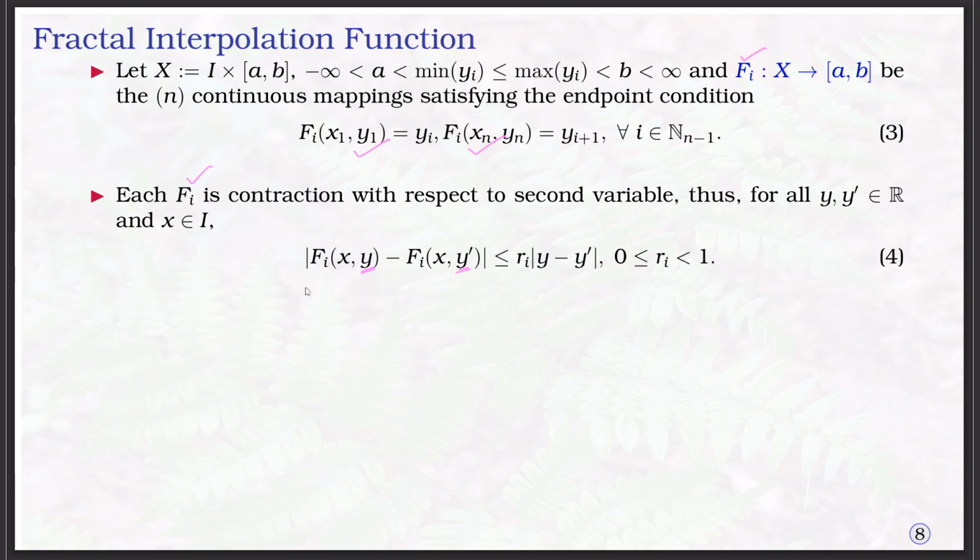That means if you take two different elements y and y dash in the second variable, then the distance between F(x, y) and F(x, y dash) is less than or equal to ri times |y minus y dash|, where r lies between 0 and 1 because it is the contraction factor. So this function Fi is a contraction with respect to the second variable.